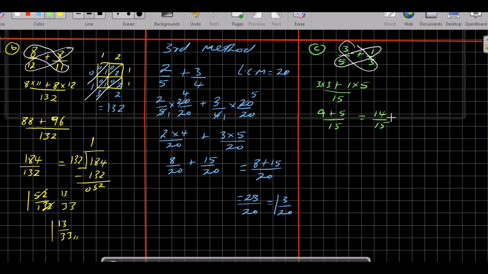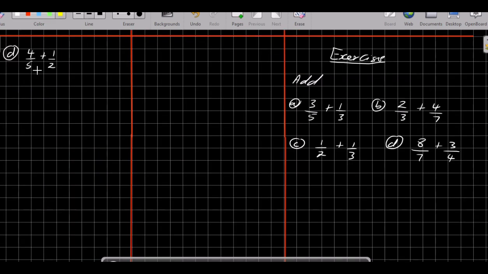So let's proceed to the fourth question. The question says add 4 over 5 plus 1 over 2. So the first thing I told you, find your LCM, and our LCM here is going to be what? 10. 5 times 2. So we multiply each fraction diagonally.